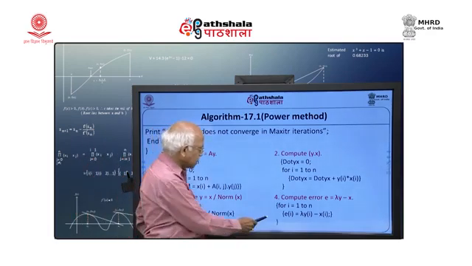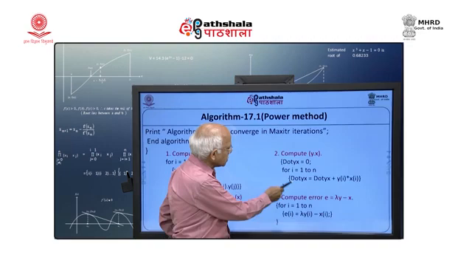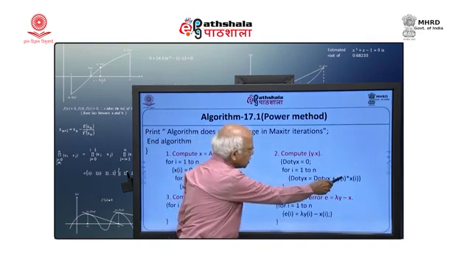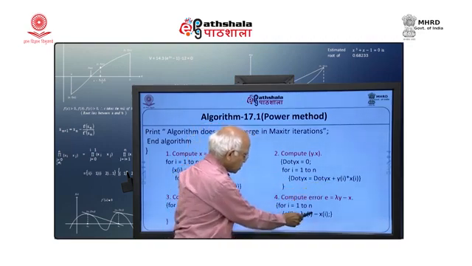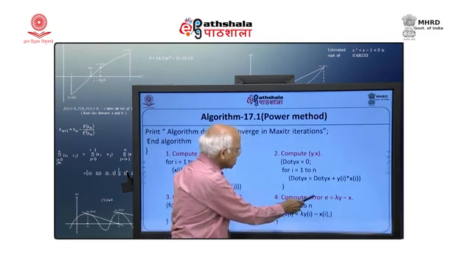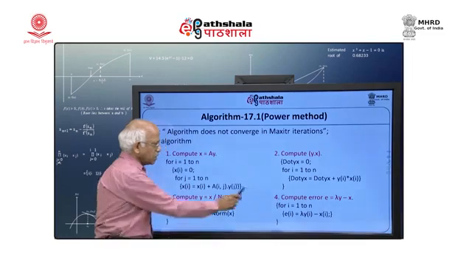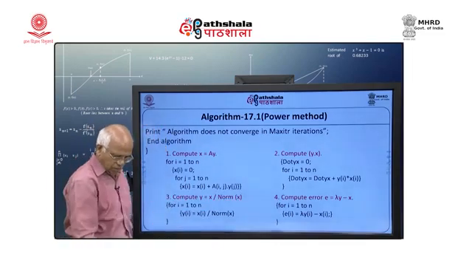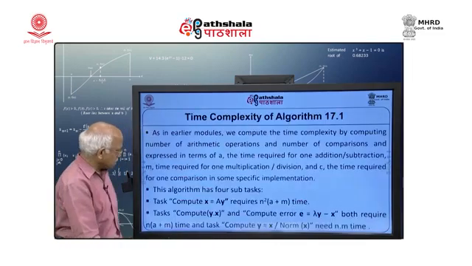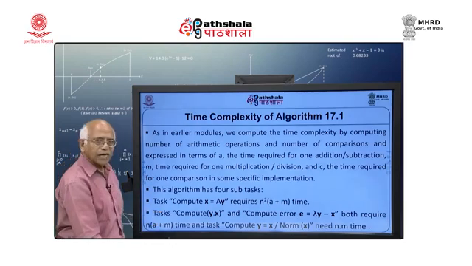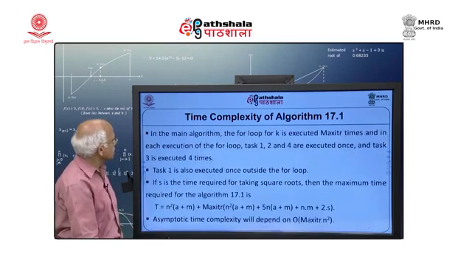Then you can see this and this. In this case, we are getting one multiplication and one addition, one subtraction and one multiplication here. So, like that you always get n into A plus M here, n into A plus M here, n into M here. That is how you get these small time complexities for these subtasks.